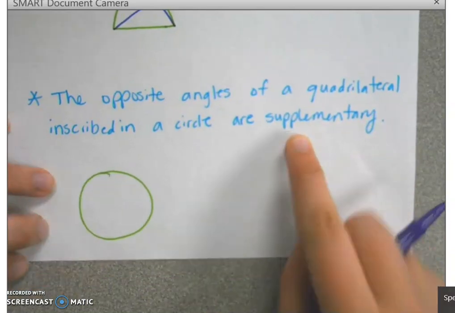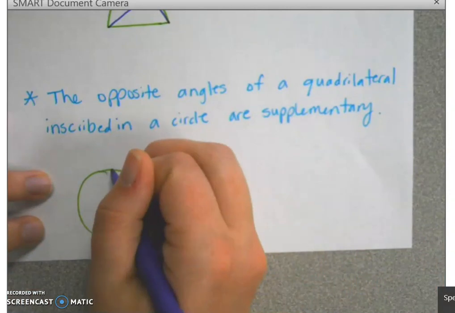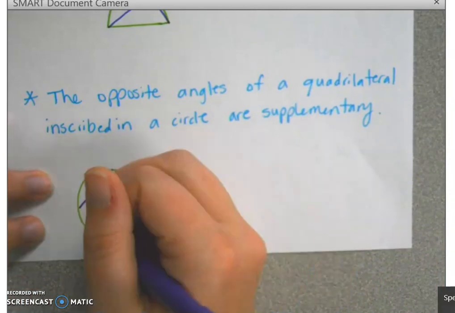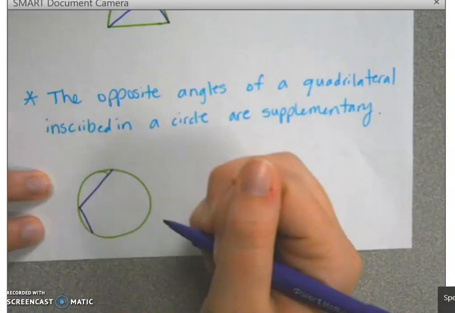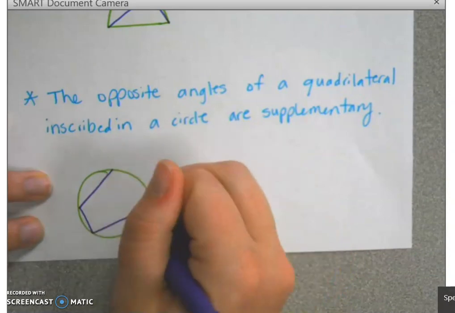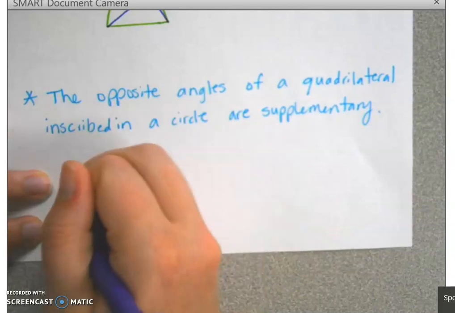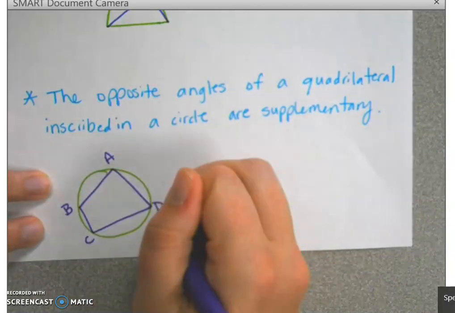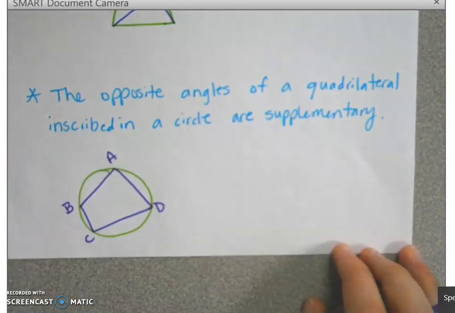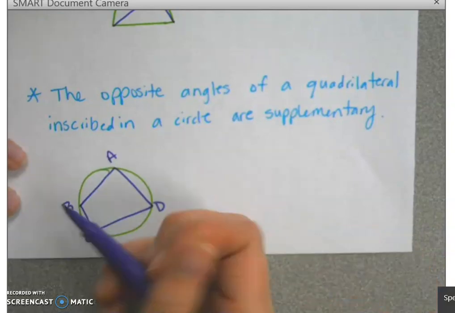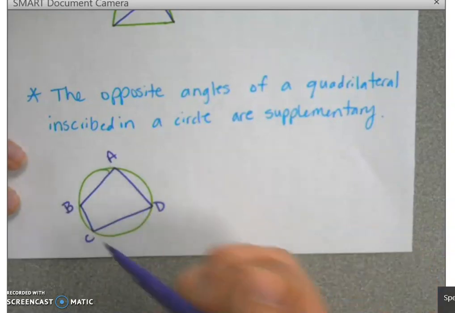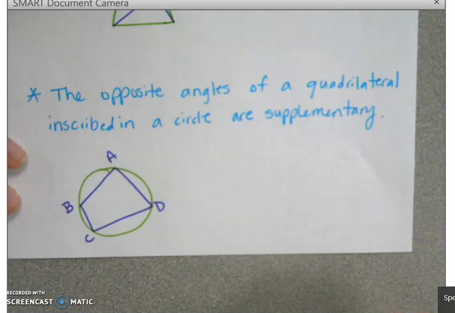So let me show you what I mean. So I'm going to draw a quadrilateral. So this is quadrilateral ABCD. It is inscribed because every vertex is on the circle. It's a quadrilateral because it has four sides.